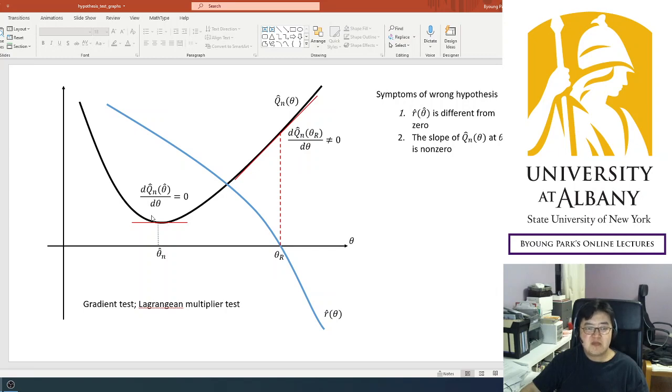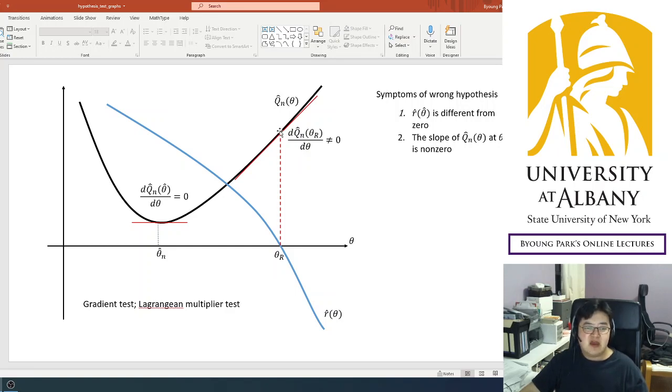But now you are imposing the restriction in this minimization problem. You minimize the criterion function subject to the restriction function equals 0. But the only point that satisfies the restriction is this point. So this is the minimum because you have no other choice. This is the only point you can choose from.